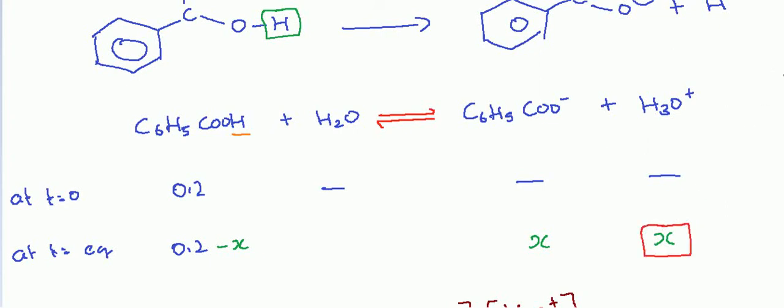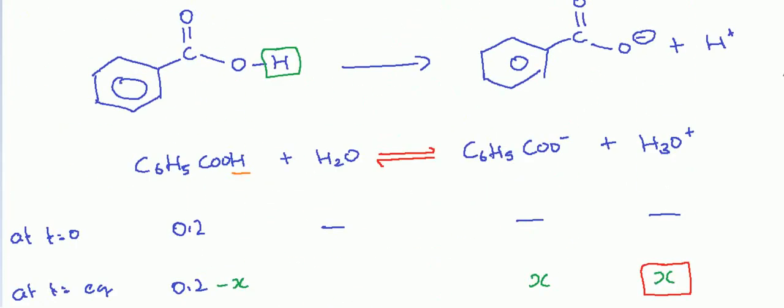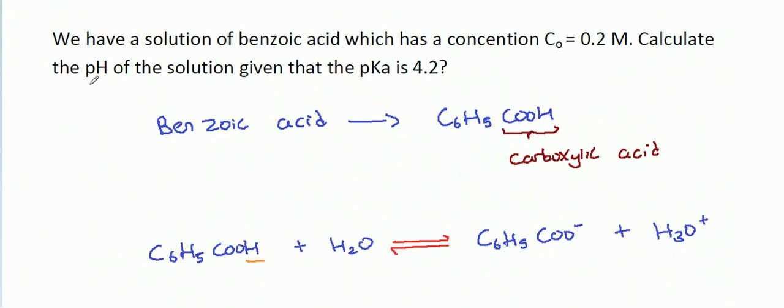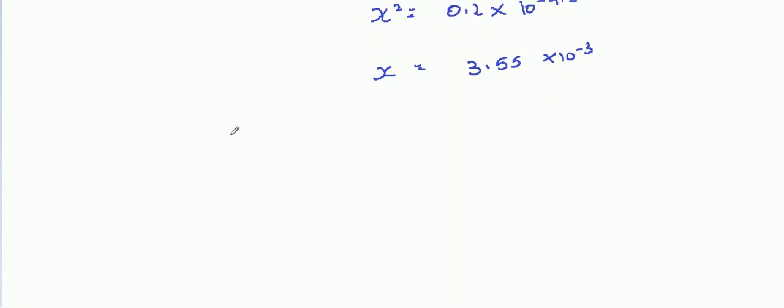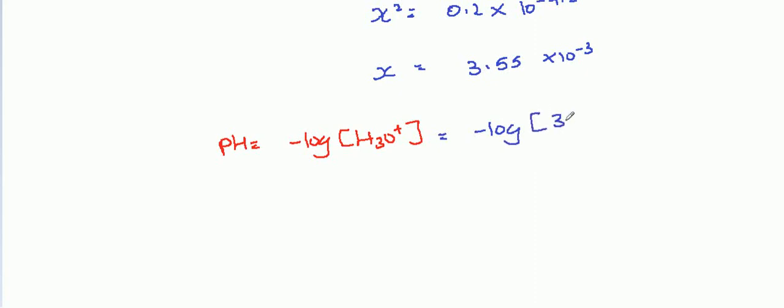We need to calculate the pH, so now it is very easy. The pH is equal to negative log of the final concentration of H3O+. And this is what we obtain here. It is negative log of 3.55 times 10 to the power of minus 3, which is equal to 2.45.